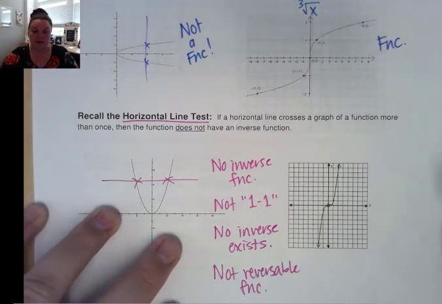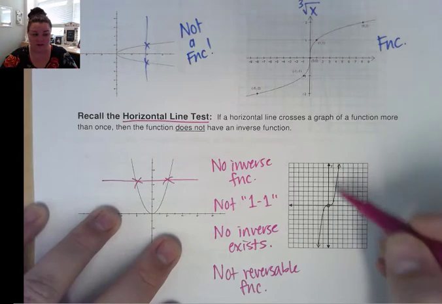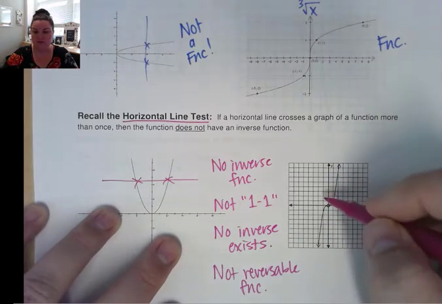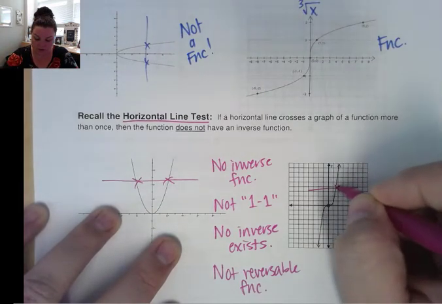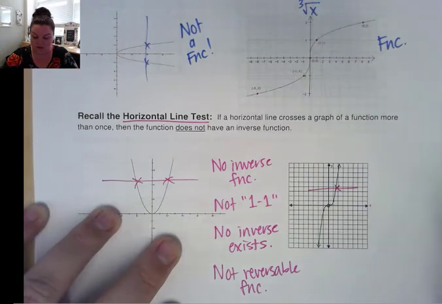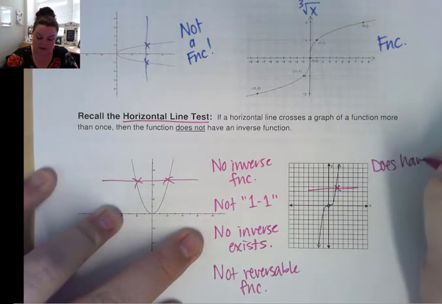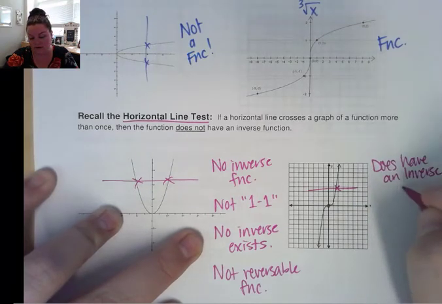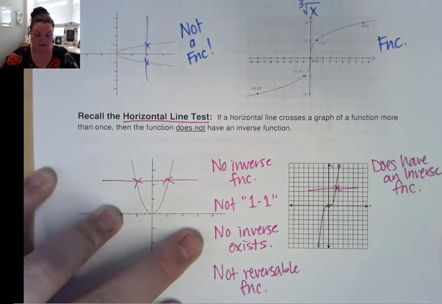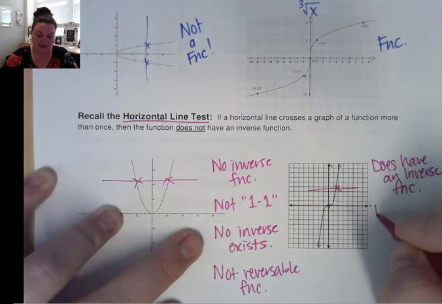Okay, now if it does have an inverse, like our x cubed function here, we know that if we draw any horizontal line, it's only going to hit one time. So we know this one does have an inverse. Does have an inverse function, okay?